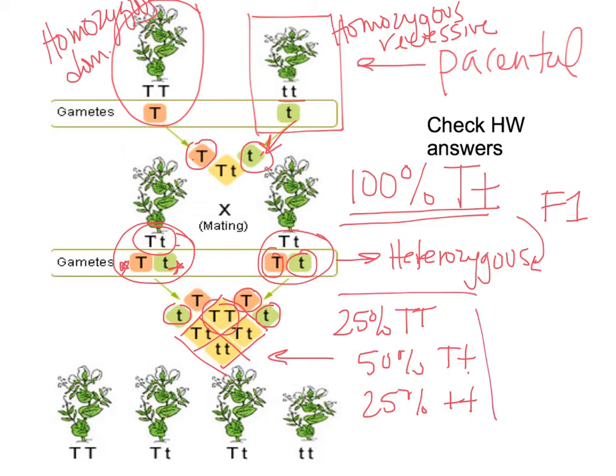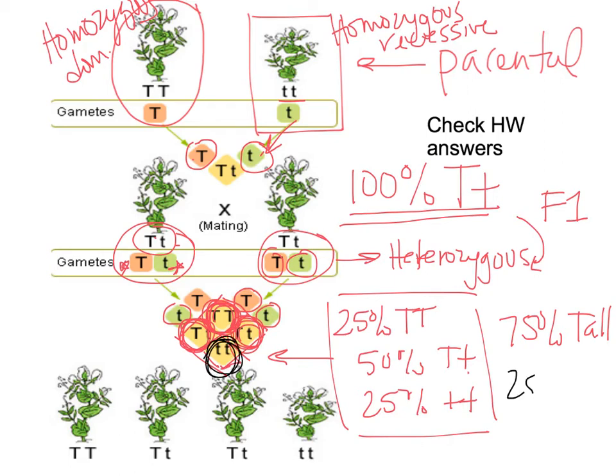Remember, when we're looking at alleles, that's genotype. If we were to look at the phenotype, this one is going to be that dominant, which is tall. This is also going to be expressed as tall, and this is also going to be expressed as tall. So it's 75% tall, and this is our only plant right down here. And so that's 1 out of 4, or 25% of the offspring are short.